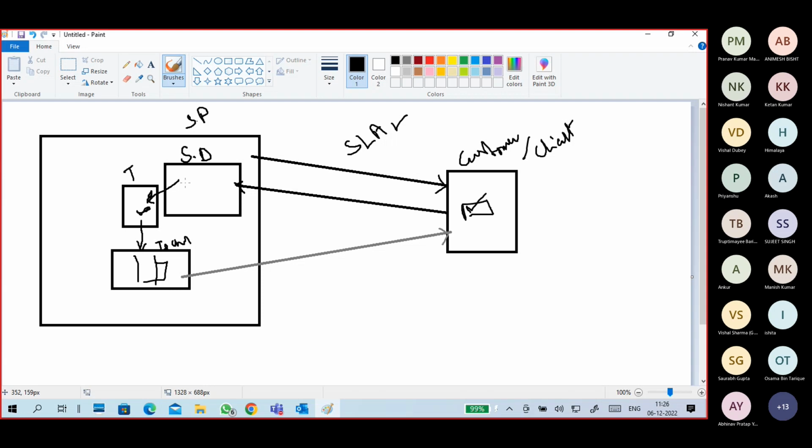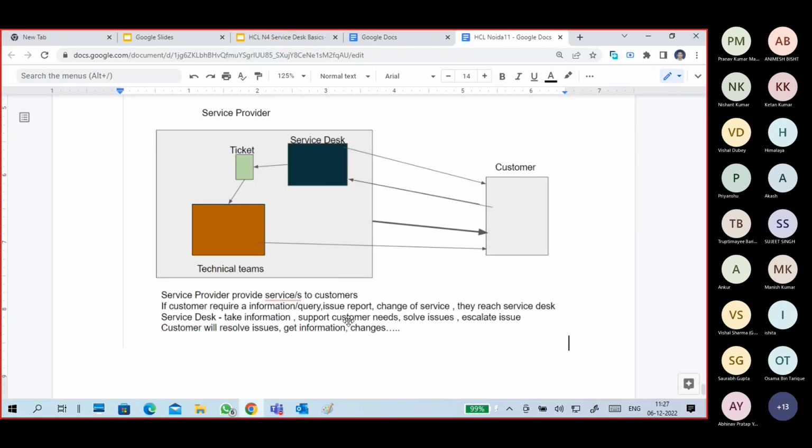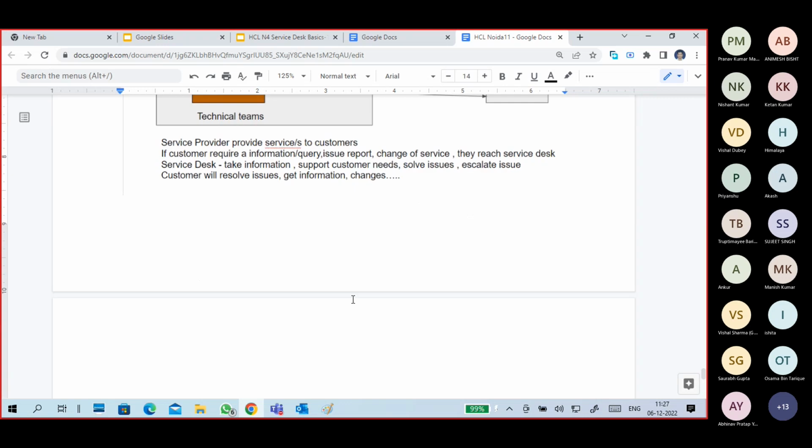The service desk person will create a ticket based on the customer's report or information, and try to resolve based on this ticket. So the ticket is very important in any issue. The ticket can also come in different ways.